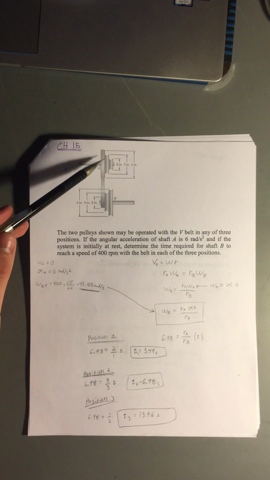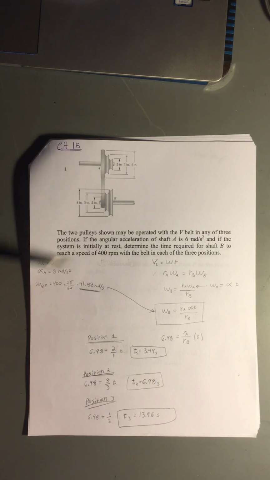In position 2, the radii are actually the same, so this term is just 1, and t turns out to be 6.98 seconds, so it will take A the same amount of time as it would take B to reach that omega value.